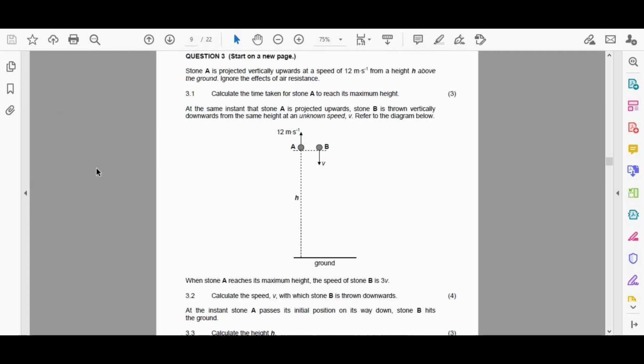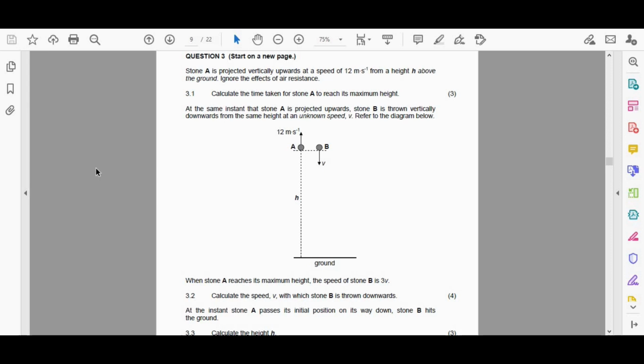Next question is: at the same instant that stone A is projected upwards, stone B is thrown vertically downwards from the same height at an unknown speed of v. We replaced the unknown speed with the letter v. It's a variable. We still need to solve it. Refer to the diagram below.